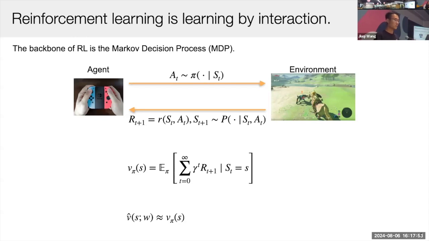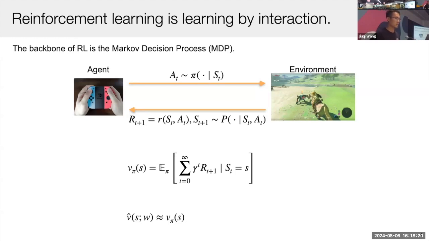Using this framework, we can define a function that maps from the state to some real value, called the state value function. Starting from each state, what is the cumulative future discounted reward we will get in expectation?